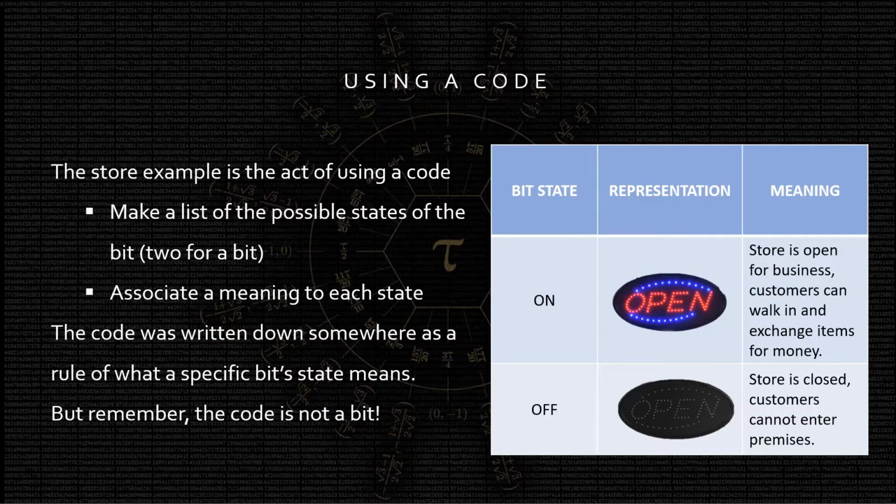So to go back to this table quickly here on the right, we basically need somebody to make an equivalent table for this, but instead of saying bit state, it would say byte state, and instead of being on and off, there would be many more rows here, 256 rows, for each of the different combinations of on, off, on, off, on, off, for 8 of the bits in that particular byte.